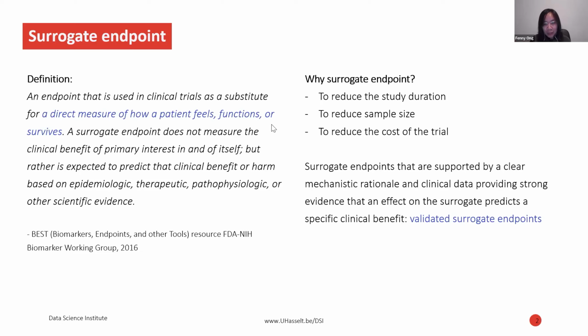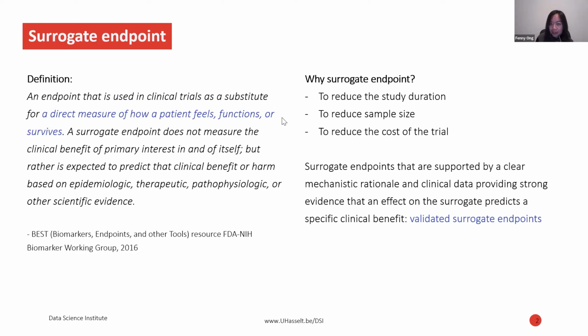Nevertheless, surrogate endpoints are used mainly to reduce the study duration or sample size, which eventually will reduce the cost of the trial. However, it is also important that surrogate endpoints are supported by a clear mechanistic rationale and clinical data, providing strong evidence that the treatment effect on the surrogate can predict its effect on the true endpoint. We call such a surrogate a validated surrogate endpoint.